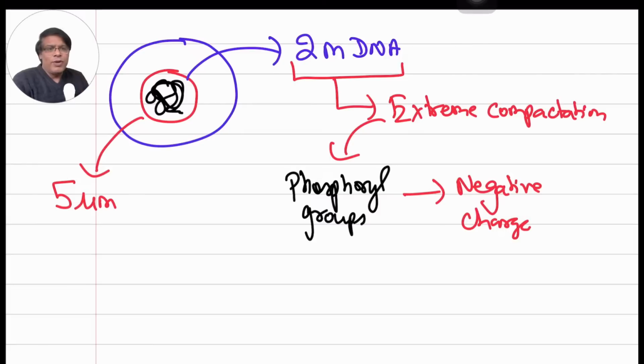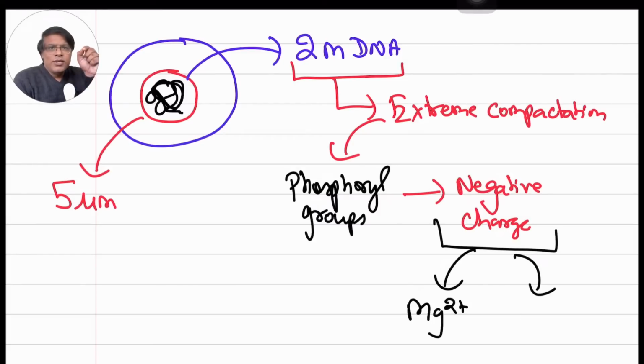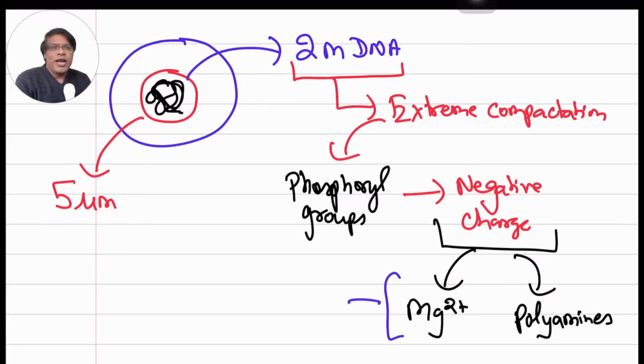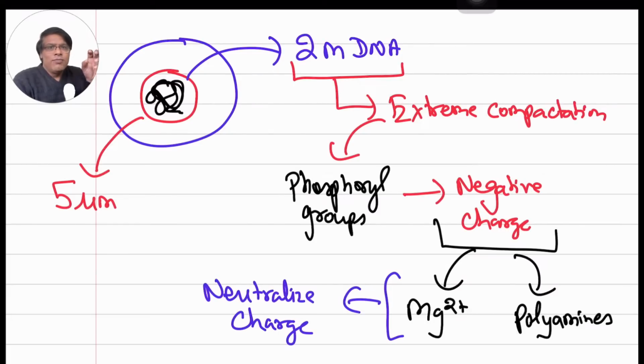But here keep in mind, within the nucleus, DNA is being packed with magnesium ions, polyamines, histone proteins. All these neutralize the negative charge so that the 2 meter DNA is being packed within a narrow space.